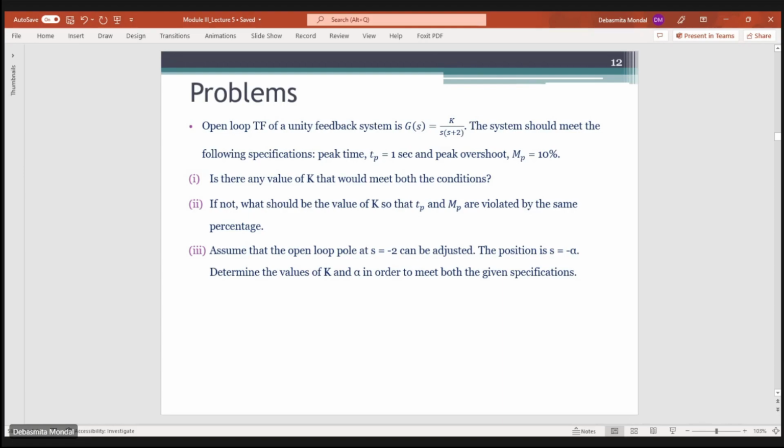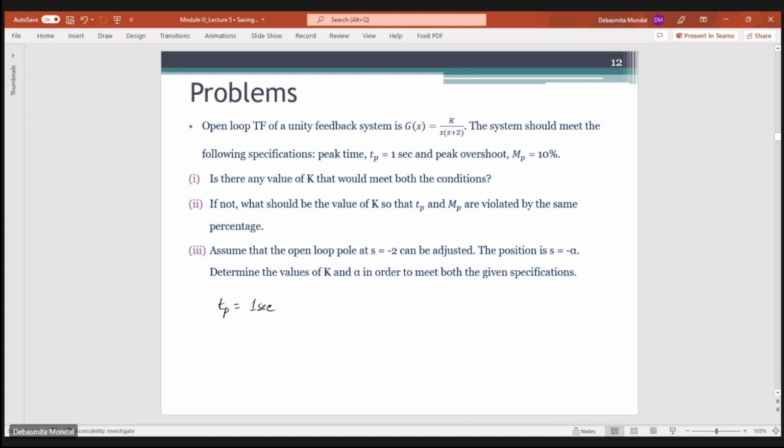In order to meet the given two specifications, first of all, since you have been given that the value of Tp is equal to 1 second, and this is a second order system, we already know the expression for Tp for a second order system.